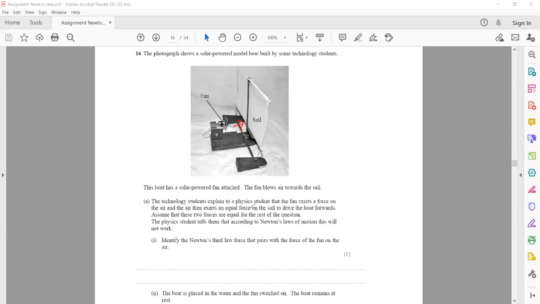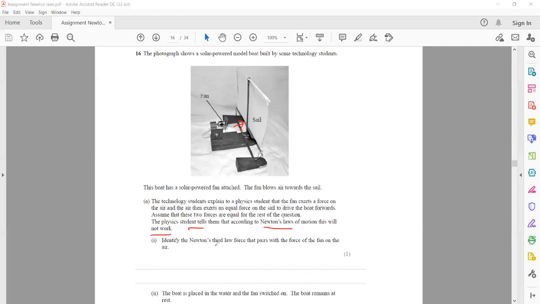The technology student explained to a physics student that the fan exerts force on the air, and the air then exerts equal force on the sail to drive the boat forward. Assume that these two forces are equal for the rest of the question. The physics student says that according to Newton's law, it will not work.